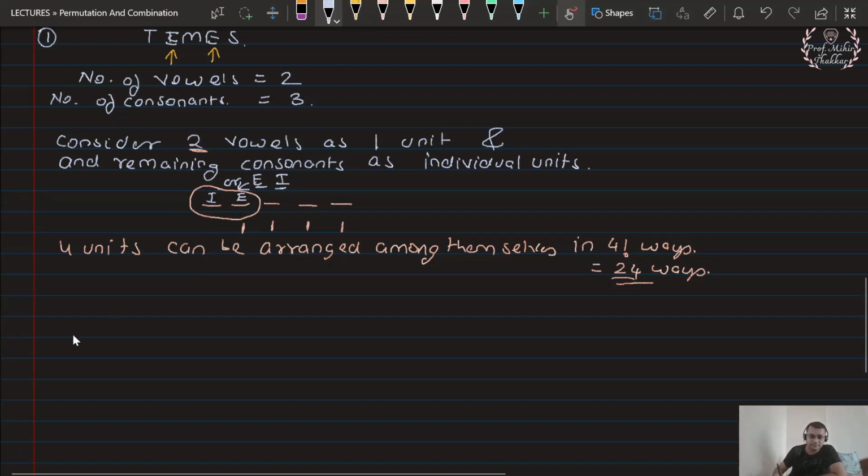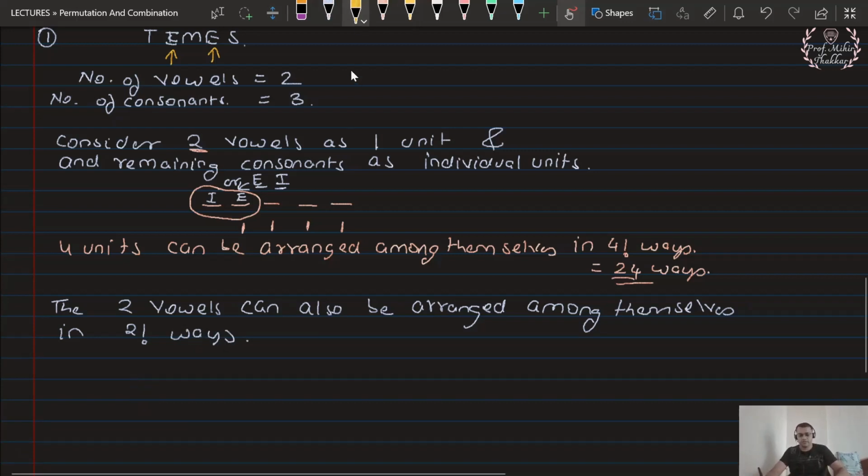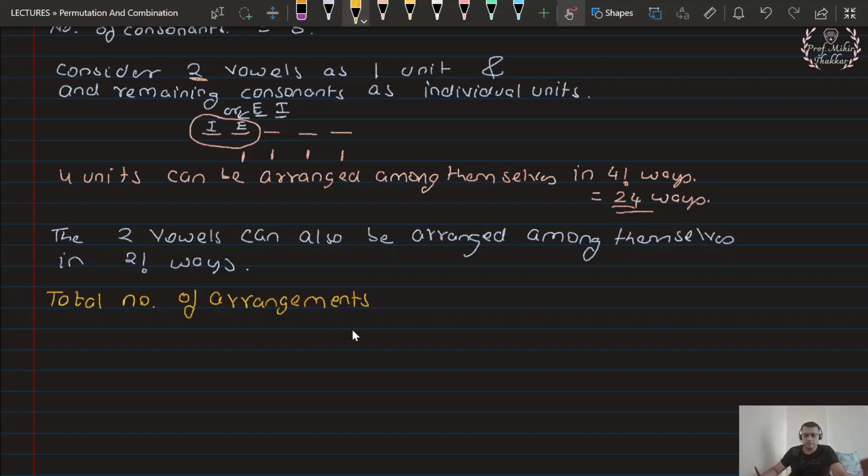It means that the two vowels can also be arranged among themselves in 2 factorial ways. So, in order to arrange the letters of the word TIMES, what is the total number of arrangements?